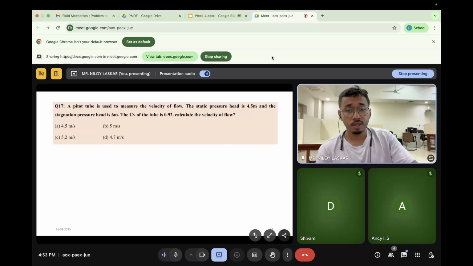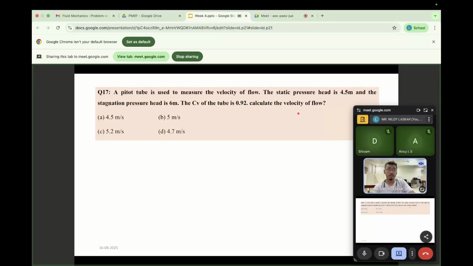So before this, let me clarify a thing for you. What basically are static and stagnation pressure? Static pressure basically refers to the actual pressure felt by the fluid in motion.